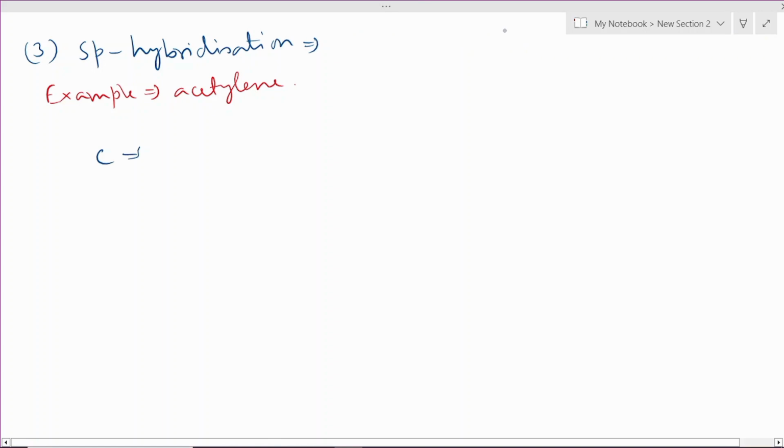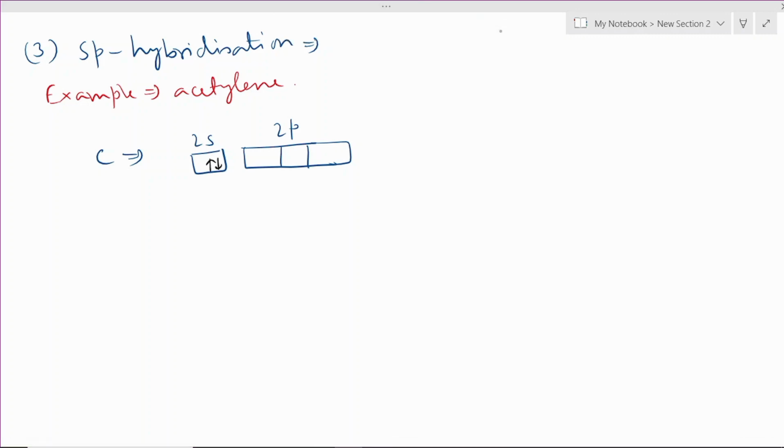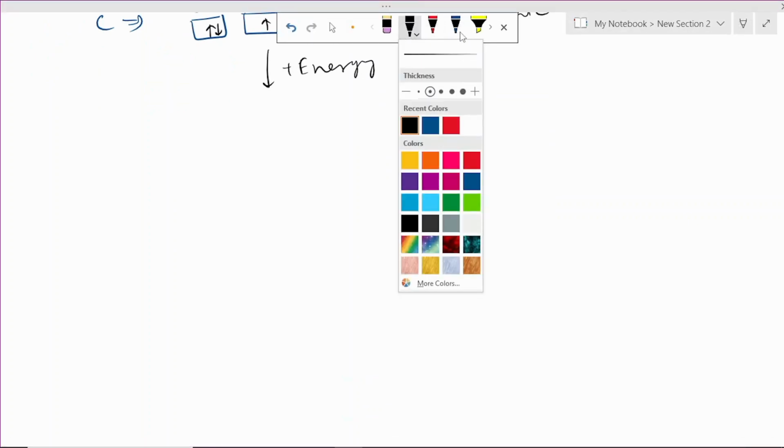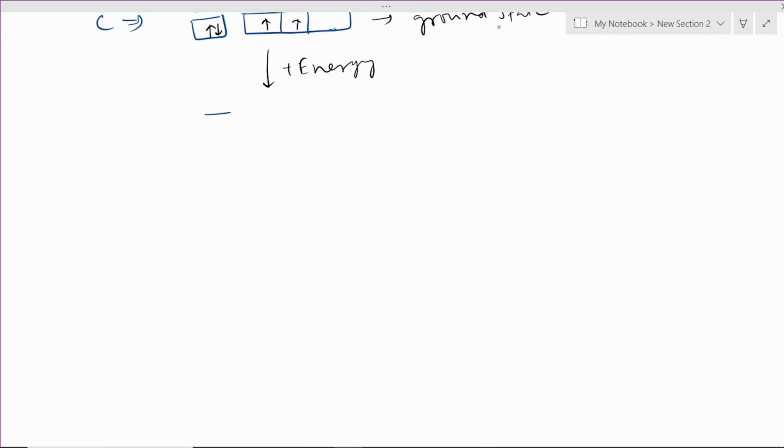So valence electronic configuration of carbon contains 2s2 2p2. That is ground state, and if we add some energy to this system, this will reach the excited state, where one 2s electron jumps to 2p.